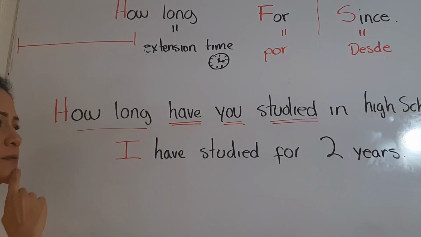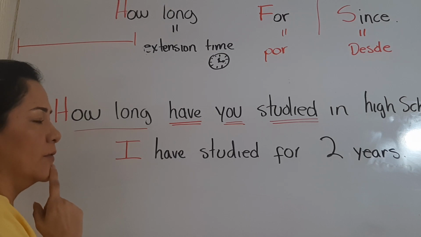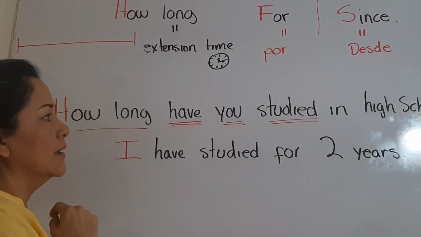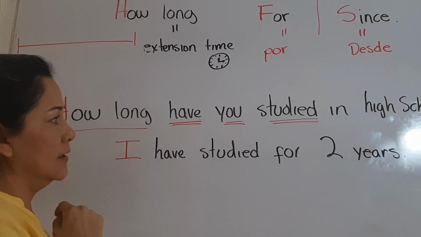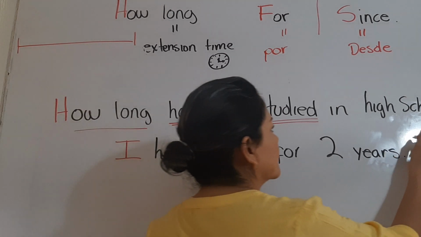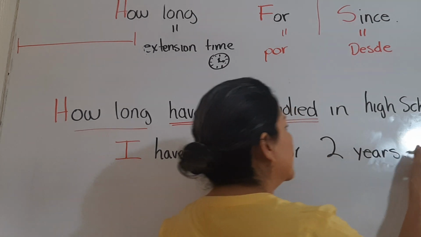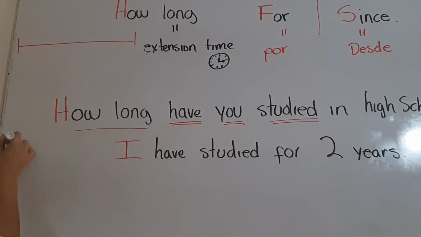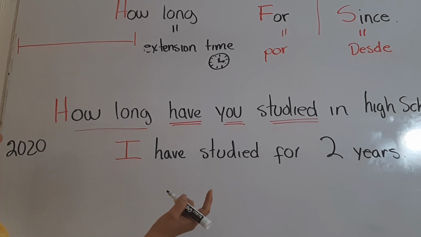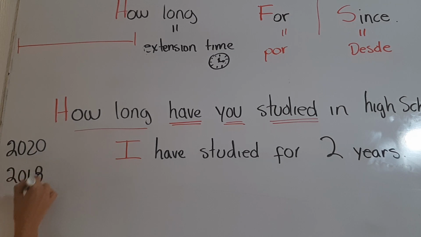For 2 years. If I'm thinking of the year, this is the year 2020, I started, I'll write it here. If this is the year 2020, and I studied for 2 years, when I started was in 2018, right? For 2 years.